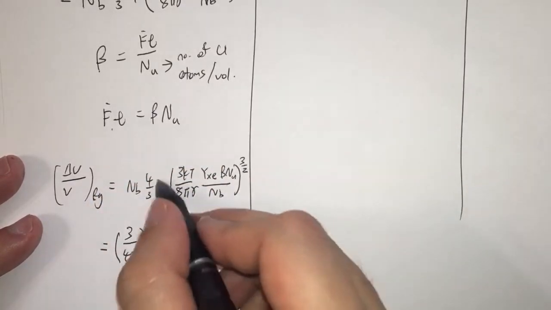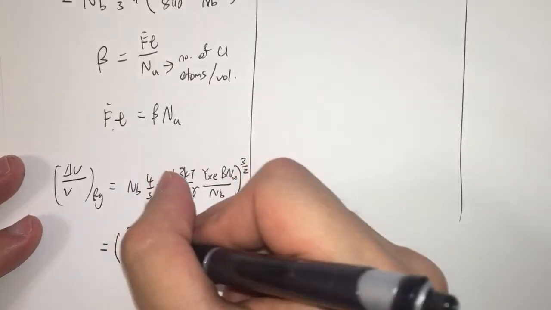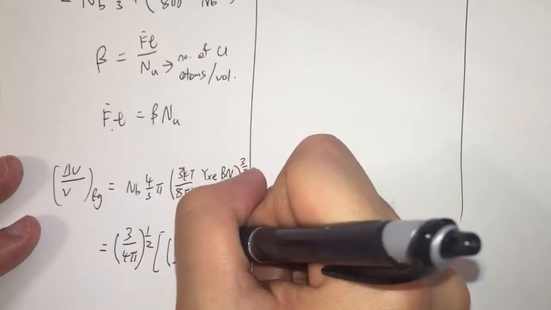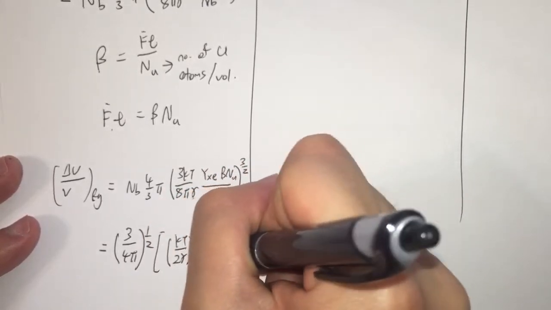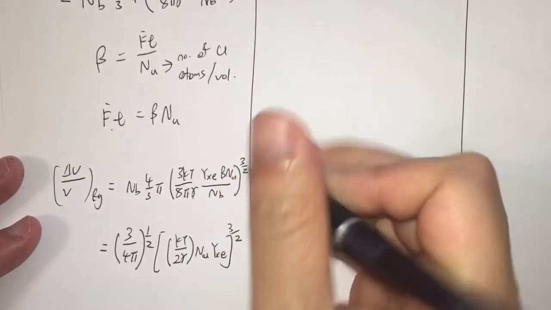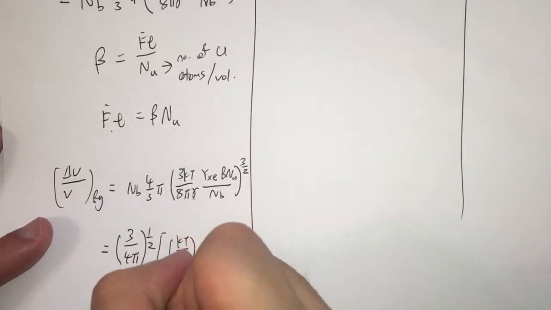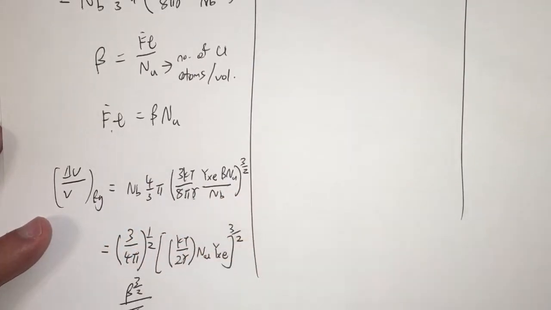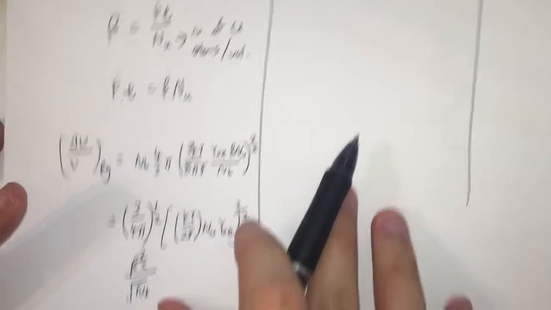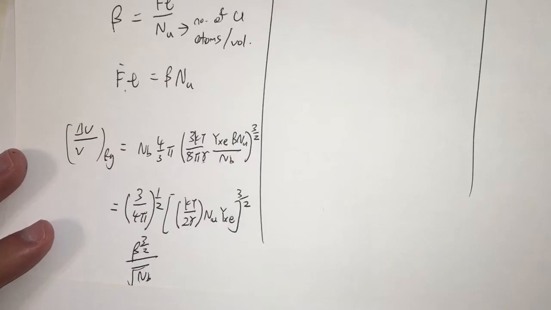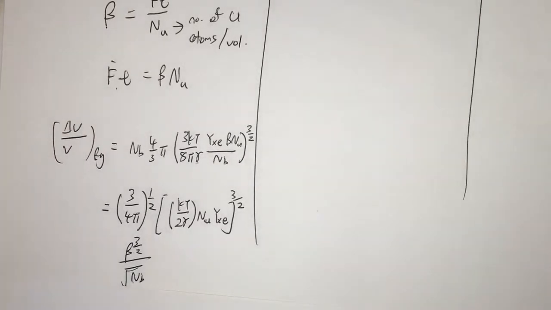If we cancel all the pi's and all these numbers out, we will have this left: kT over 2 gamma, N_U Y_Xe to the power of 3 over 2, times burn-up to the 3 over 2, over the square root of the bubble number density, because this is at the bottom. Now this is our expression for swelling due to fission gas, mainly xenon, assuming the ideal gas and stress-free solid.